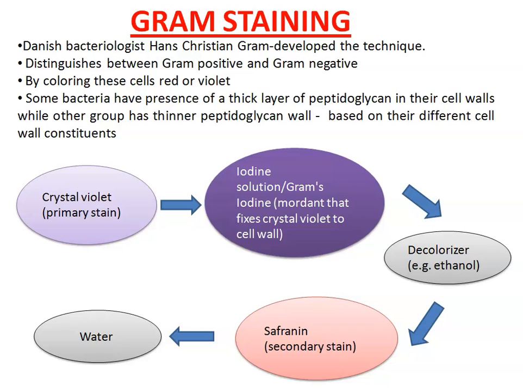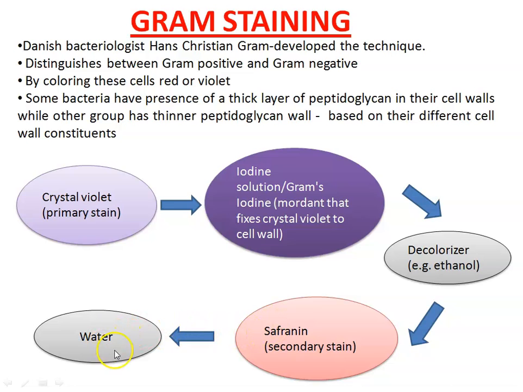Once you use this decolorizer, you move to the next step, and the next step is the use of safranin stain. This is a secondary stain. This safranin is red in color. So now the cells which have lost their crystal violet color are going to take up the color of the safranin, that is, they are going to be red in color.